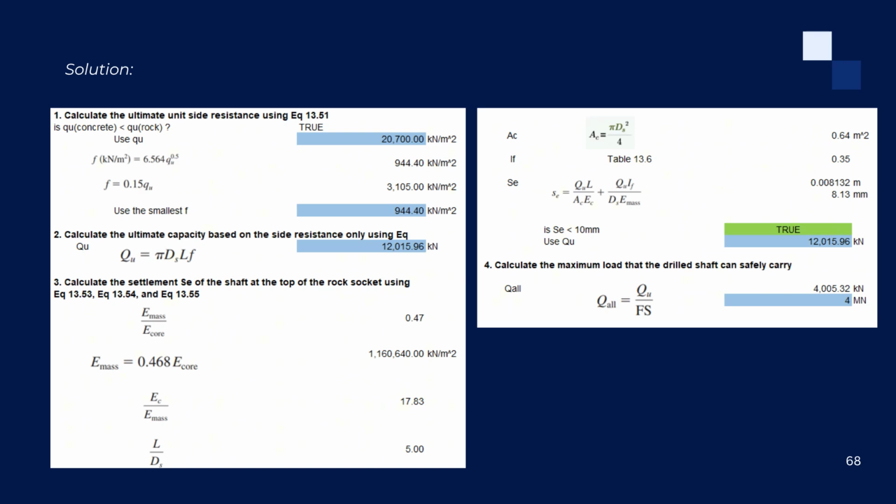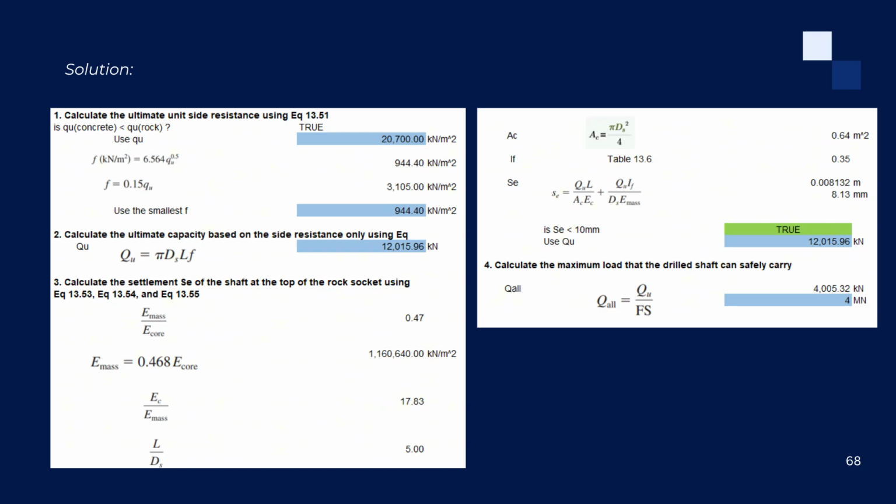Step 3. Calculate the settlement of the shaft at the top of the rock socket. E mass over E core. E mass is equals to 0.468 times E core. EC divided by E mass, L divided by ds. Compute the AC. AC is equals to pi times ds squared over 4.